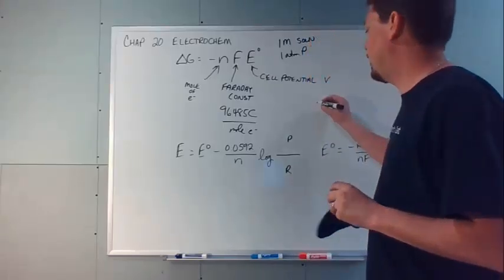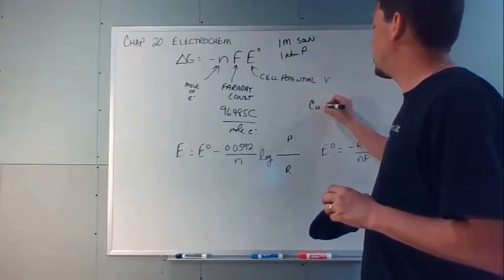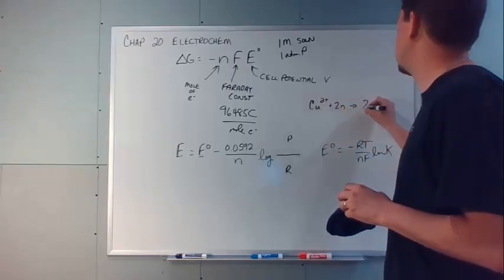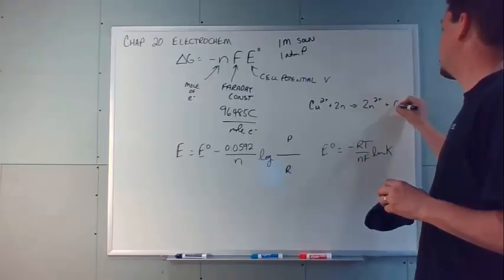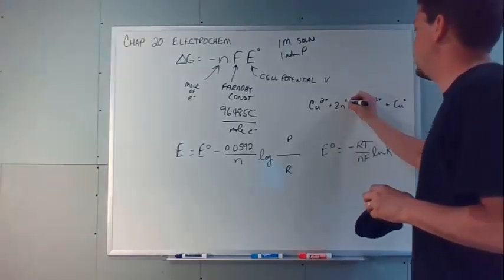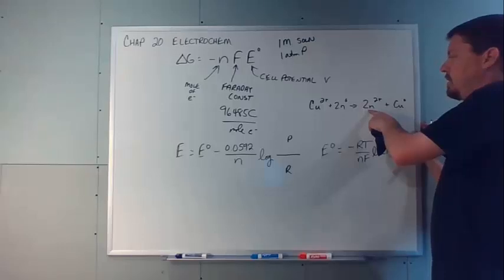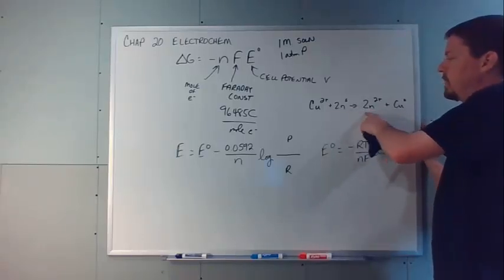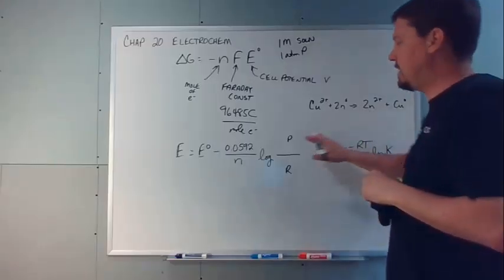So if we go back and look at our copper ions plus zinc metal yields zinc ions plus copper metal, what you'll realize from this is that your product is your zinc ions, which were being formed because it's being oxidized at the anode.